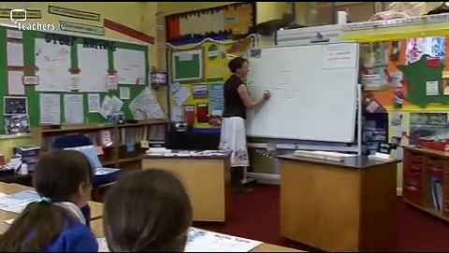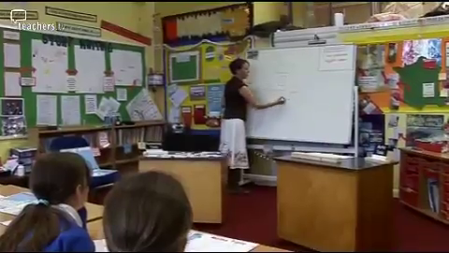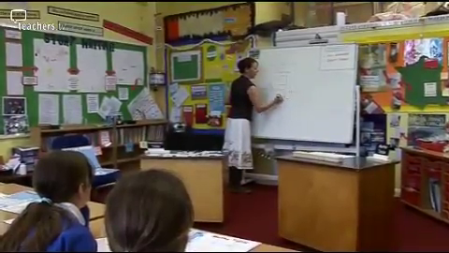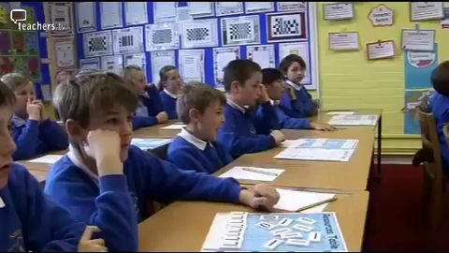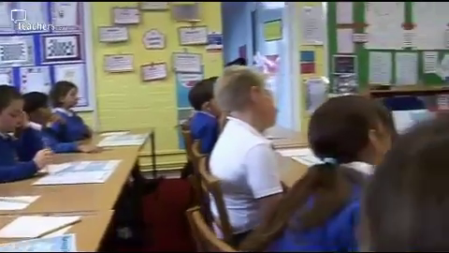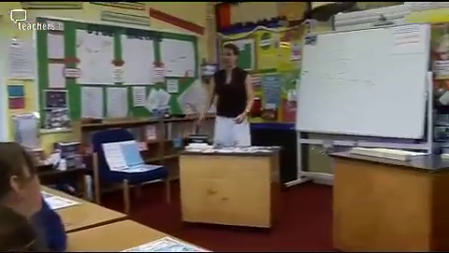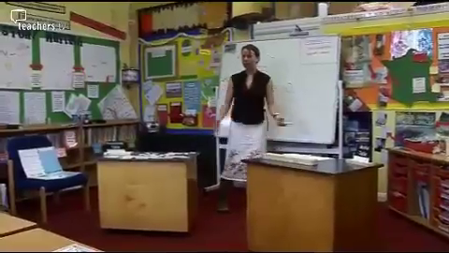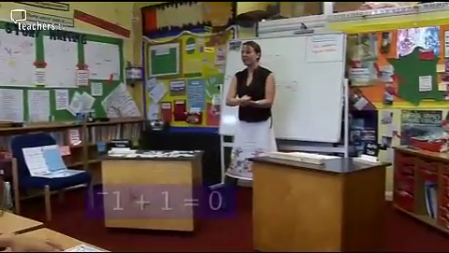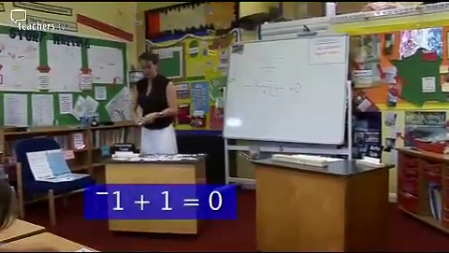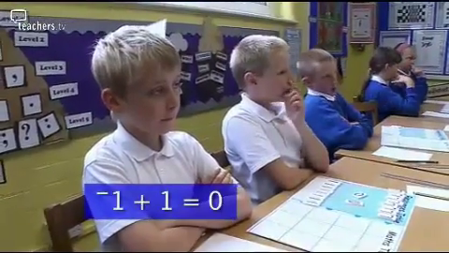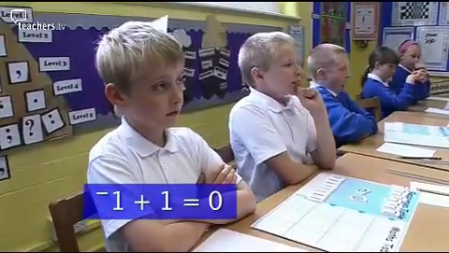So I had 1 and negative 1. So 1 mound of sand and a hole put together makes 0. So 0 can be substituted by a negative 1 and a 1 together.